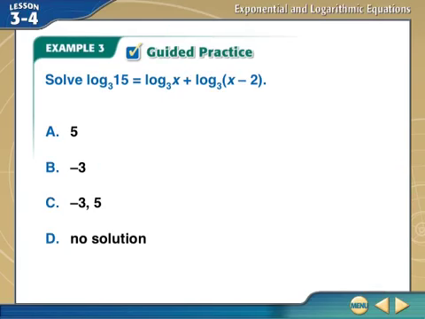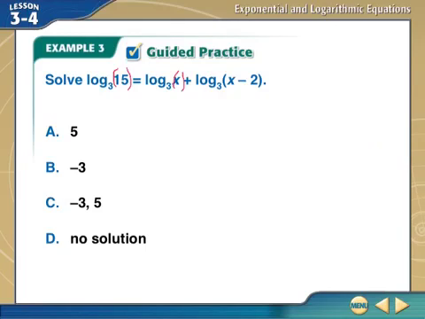In example 3, guided practice, you are going to solve this logarithmic equation. Log base 3 of 15, 15 is my input on the left side, is equal to log base 3 of x plus log base 3 of x minus 2. And what you're going to do is solve the logarithmic equation for x.